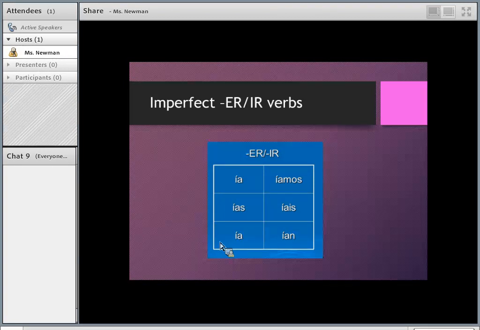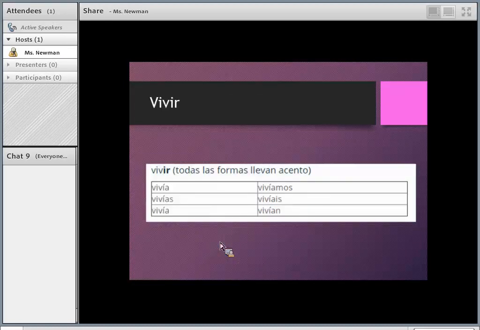Okay, our endings for ER and IR verbs in the imperfect. Ía, ías, ía, íamos, íais, ían. And you'll notice there's an accent mark over every one. Okay, so let's practice.